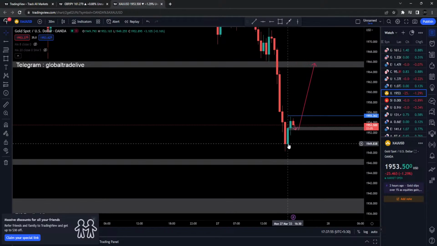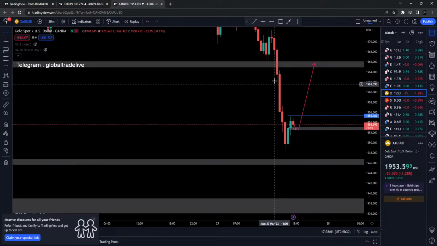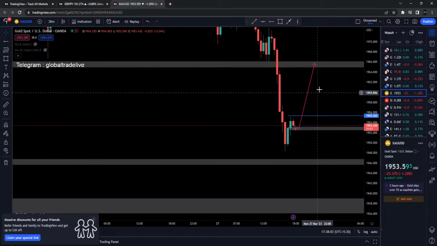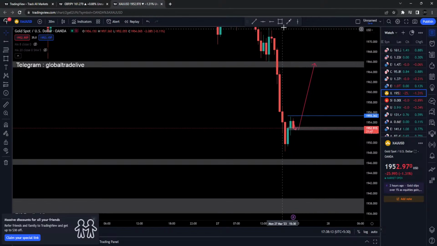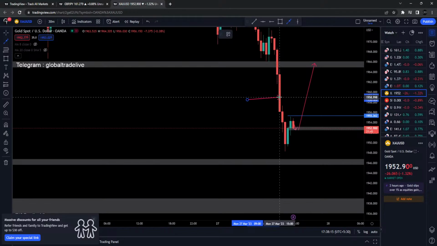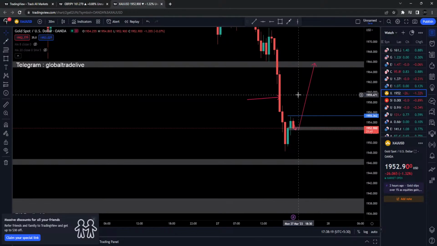So this will be our first support, then we will be having our second support over here, and we can have a good trade in the retracement happening in gold, right? So in this way we will be looking for buys as well, and we will be looking for sells as well. Why am I looking for buys over here in gold? Because we have these clean candles to the left. So that's why I'm basically looking for buys and sells both in gold.